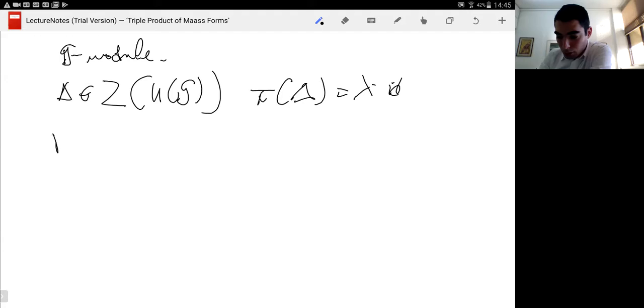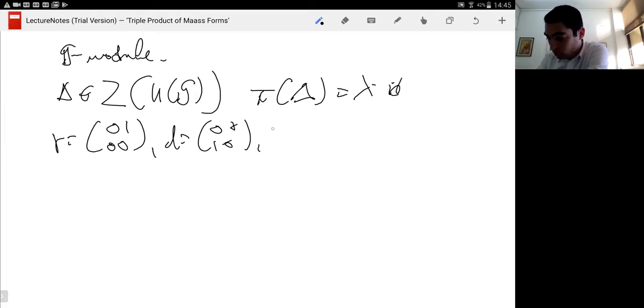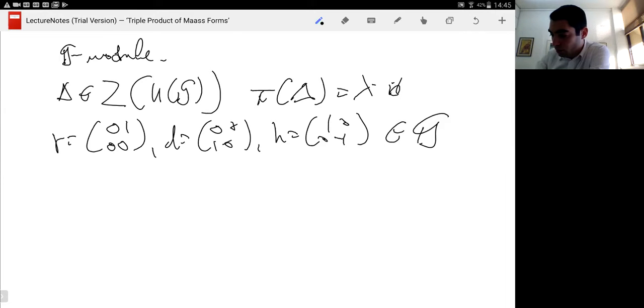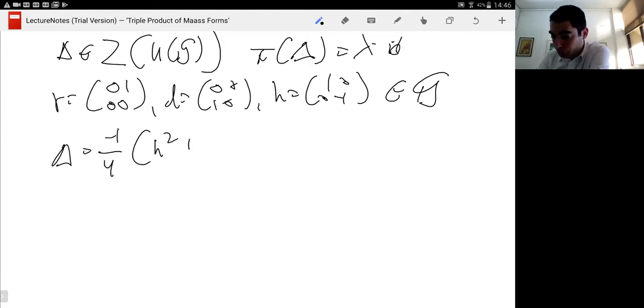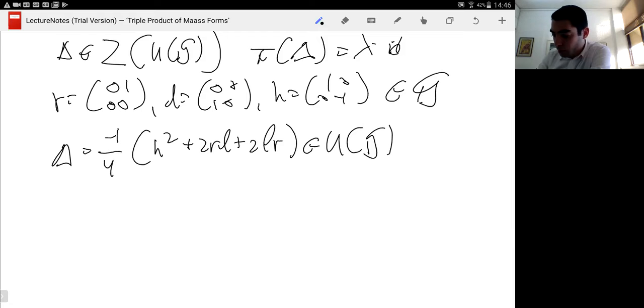If we let R denote, they generate the Lie algebra G. Then it turns out, it's easy to check, that if we define delta to be -1/4, then it actually belongs to the center.